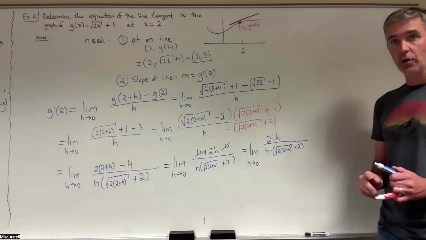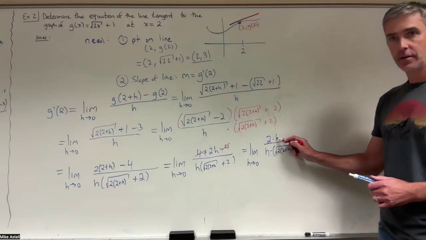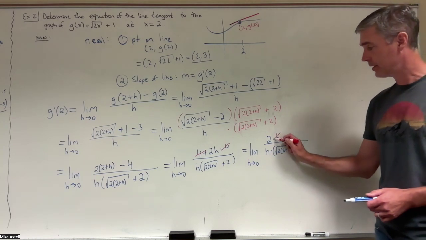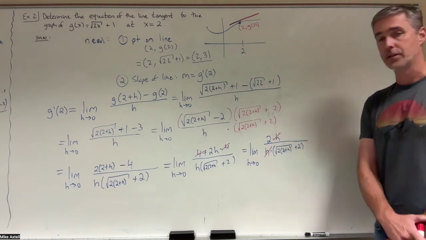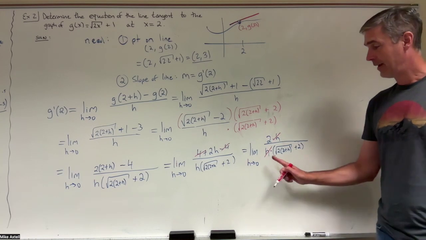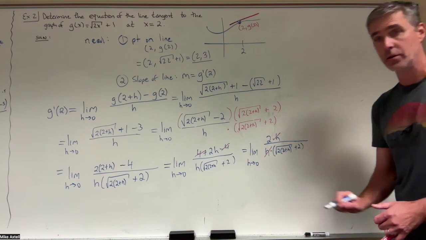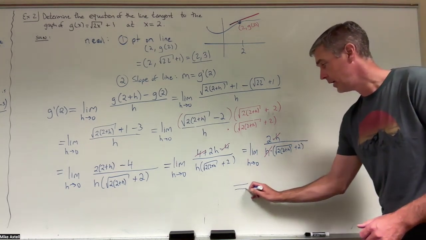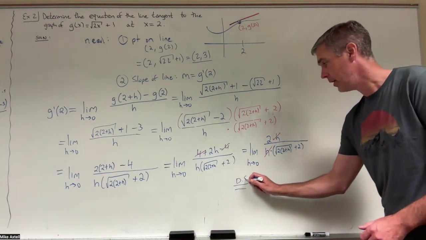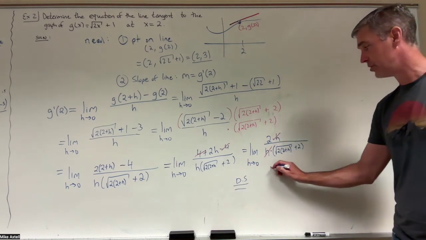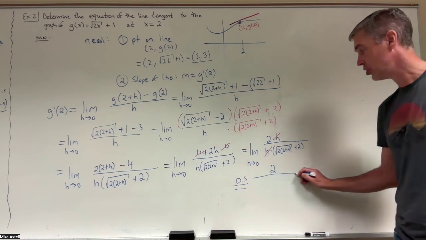But we have some joy. I have an h being held by multiplication on top and an h being held by multiplication downstairs. So those two cancel each other out. And I've killed off the problem in the denominator, so I can now try direct substitution. So now I do direct sub. I'm replacing every h with a 0. Well, up top, there's just a 2 that survived. There's no h.